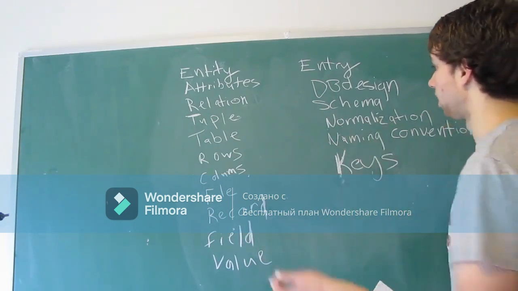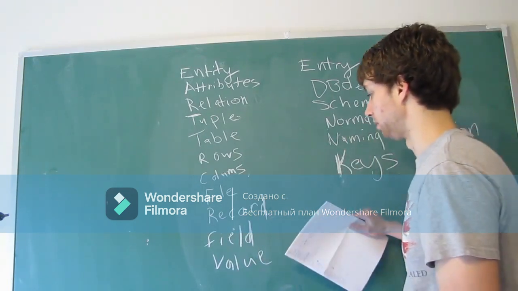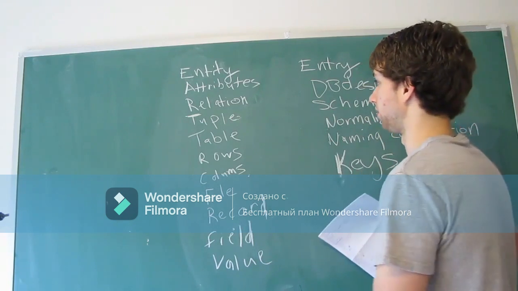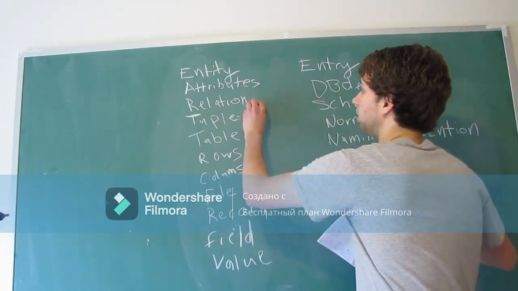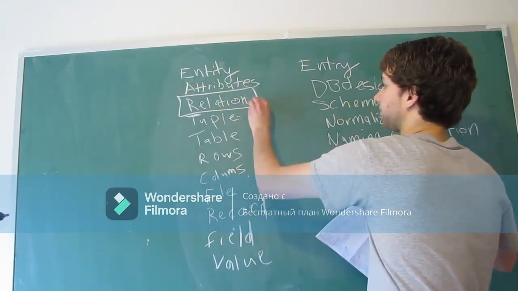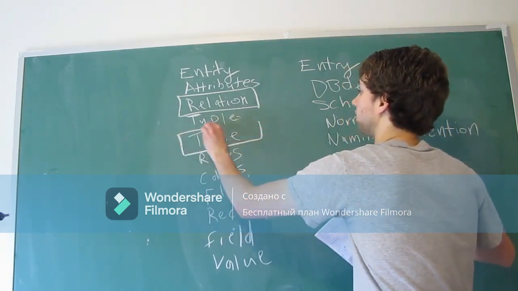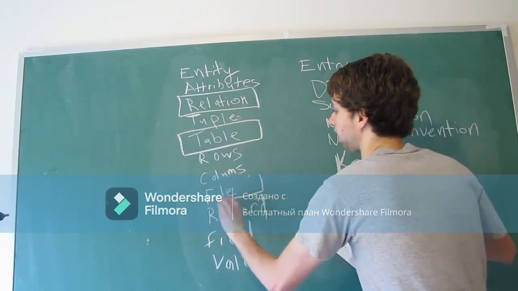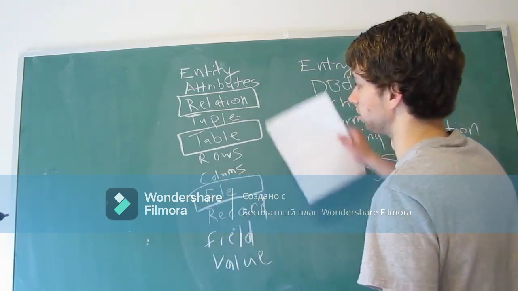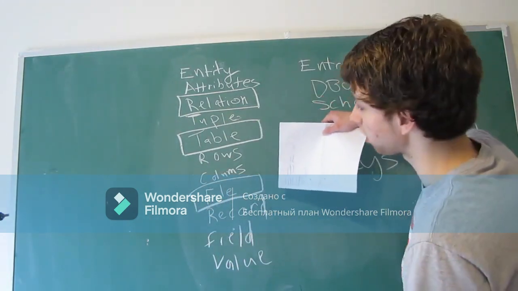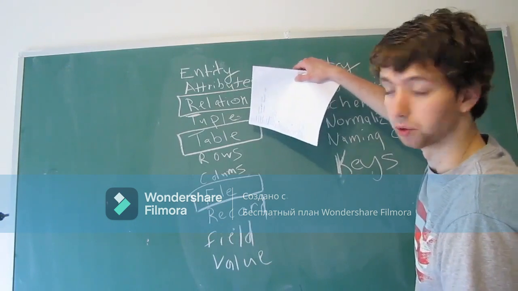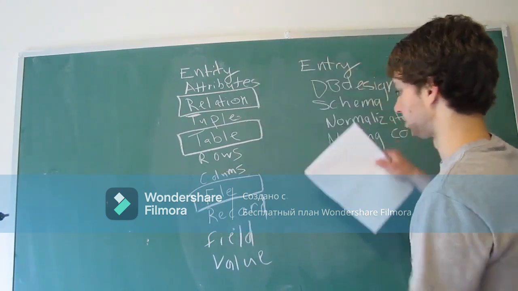Alright, so you see we have a lot of terms, and a lot of them are repeats meaning the same thing. For example, we have a relation, and then we have table, and then we have file. So relation, table, and file are all talking about the physical structure, a table, pretty much.